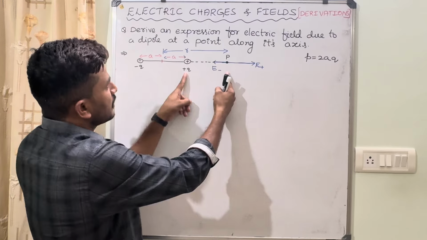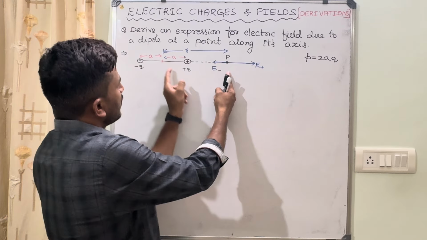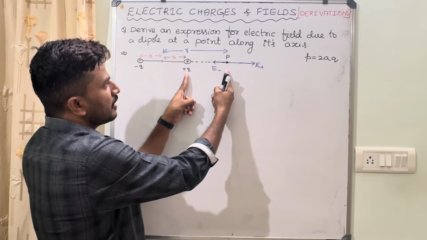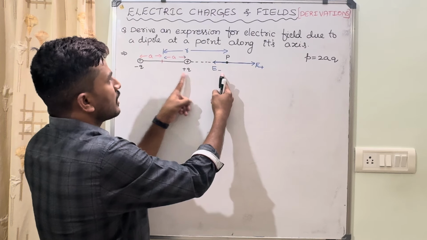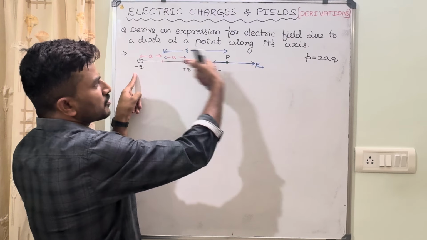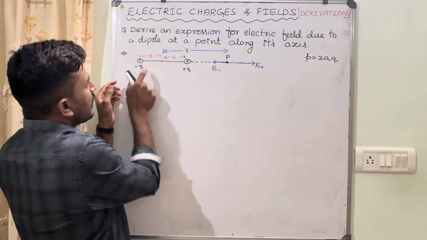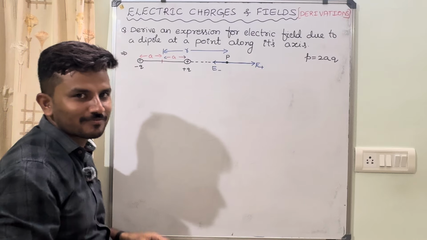The distance is r minus a, so r minus a is the distance from the positive charge to point P. That's why the electric field will be more. Due to the negative charge it will be inwards, and it is smaller because the distance is more. r plus a is the distance from the negative charge.